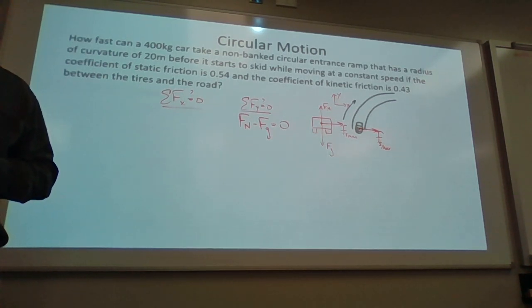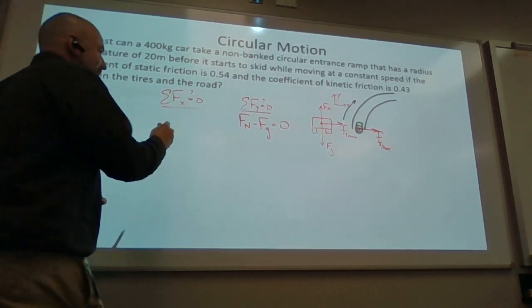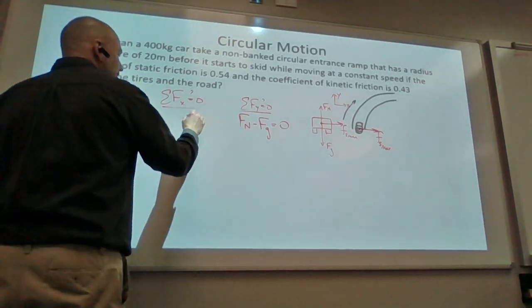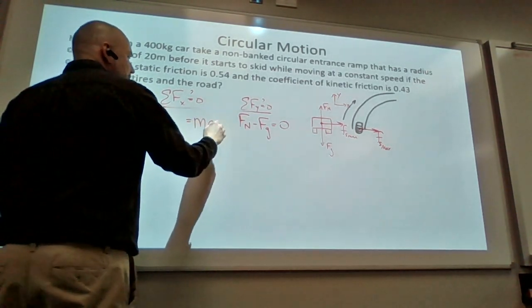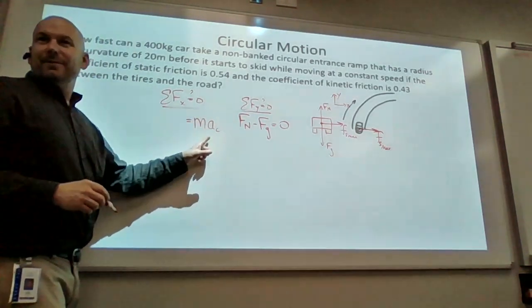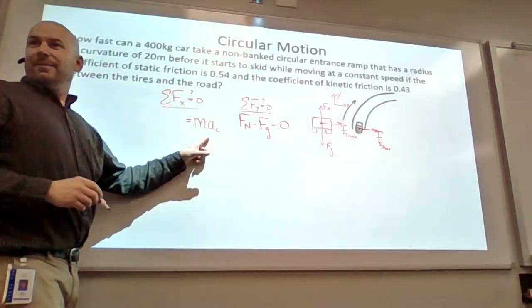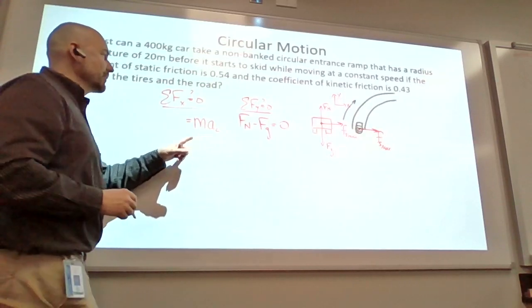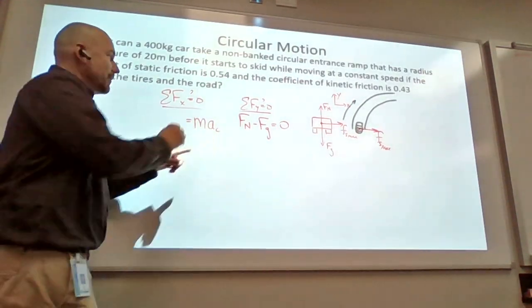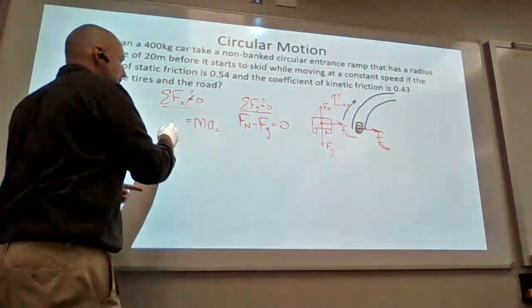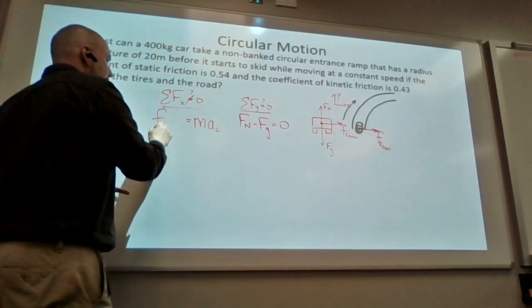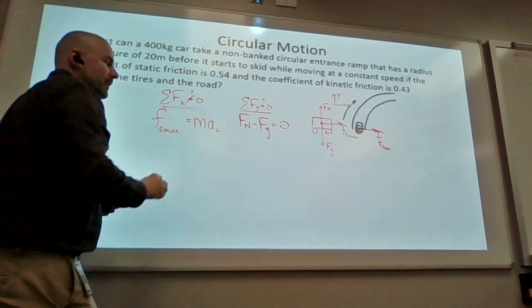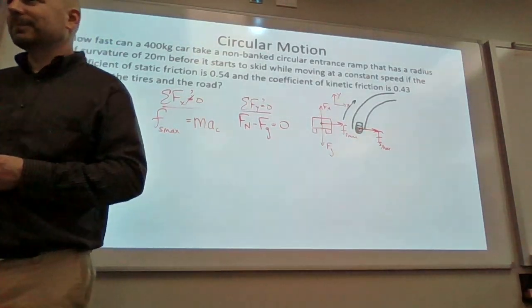But it's experiencing centripetal acceleration. See that? The subtlety there? If it's not equal to 0, it's equal to mass times acceleration. And so the only thing going on in the x direction is maximum static friction.